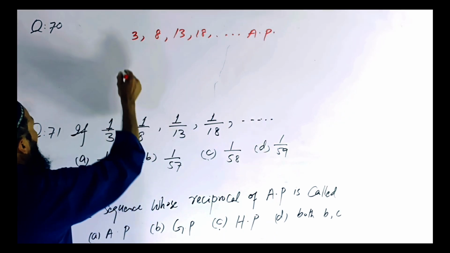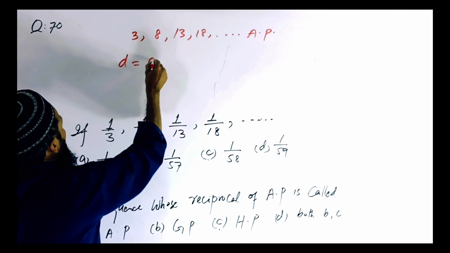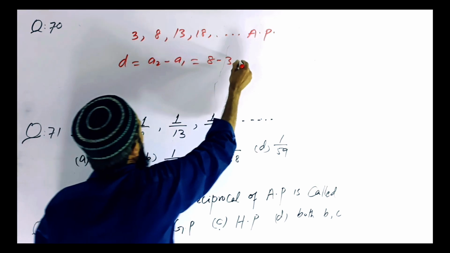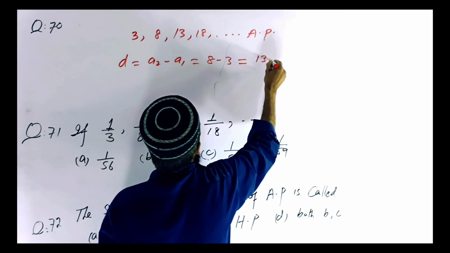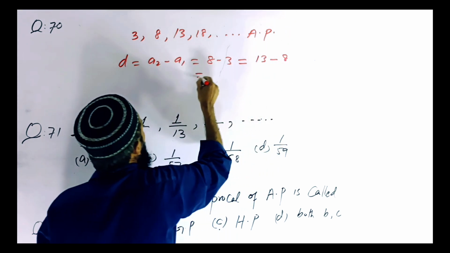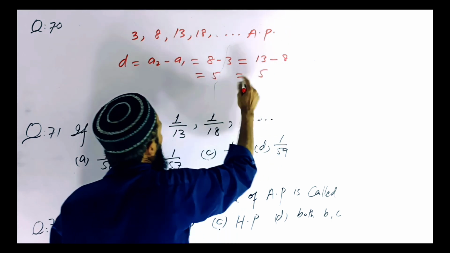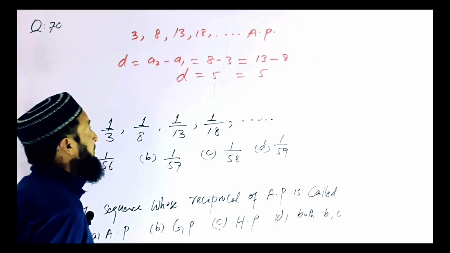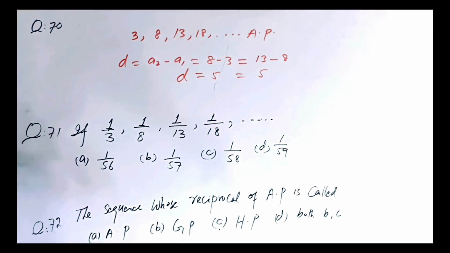We find d as the second value minus the first value, 8 minus 3, or the third value 13 minus 8, which is equal to 5. The common difference is the same, so this is an arithmetic series.